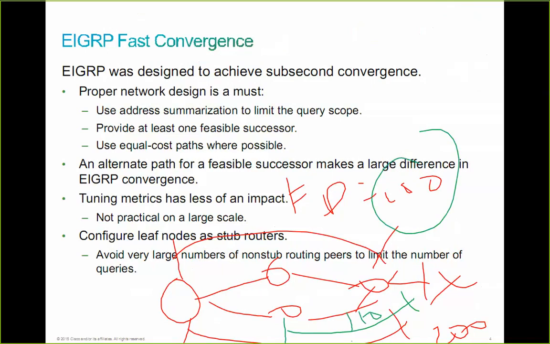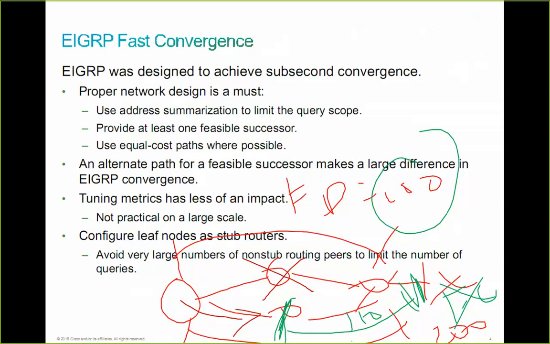The overall path metric is still 200, but the distance from the neighbor to the same destination is 110. This path does not meet that feasibility condition, which means that if the primary path fails, I have to send a query, see if that backup path is still available, etc. So I'm not going to achieve faster convergence in that scenario.